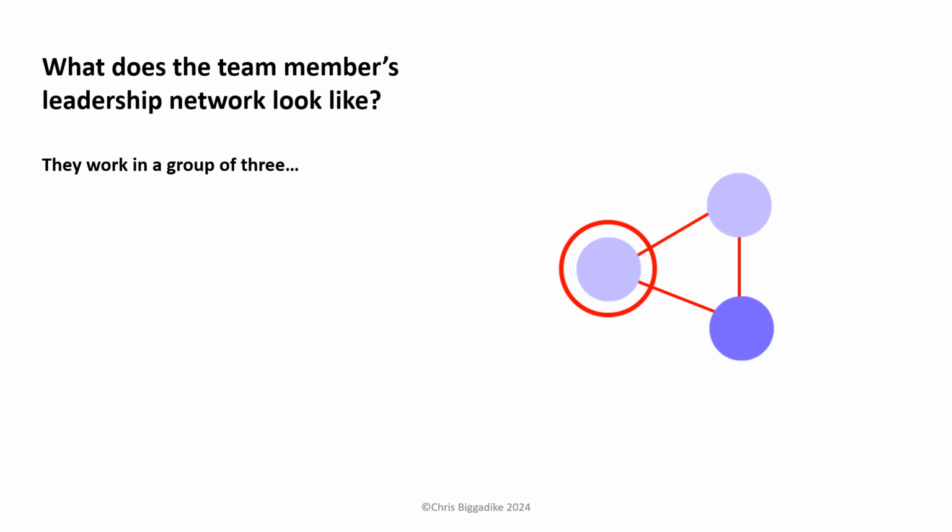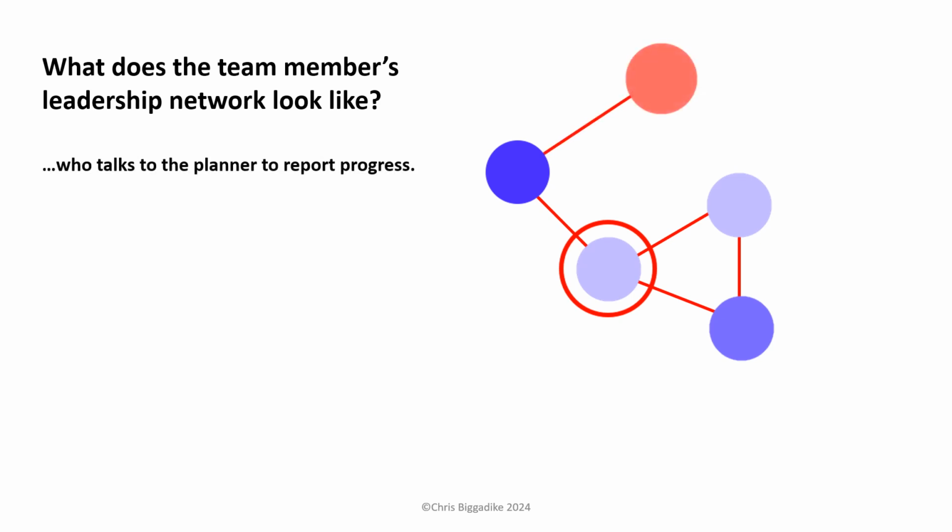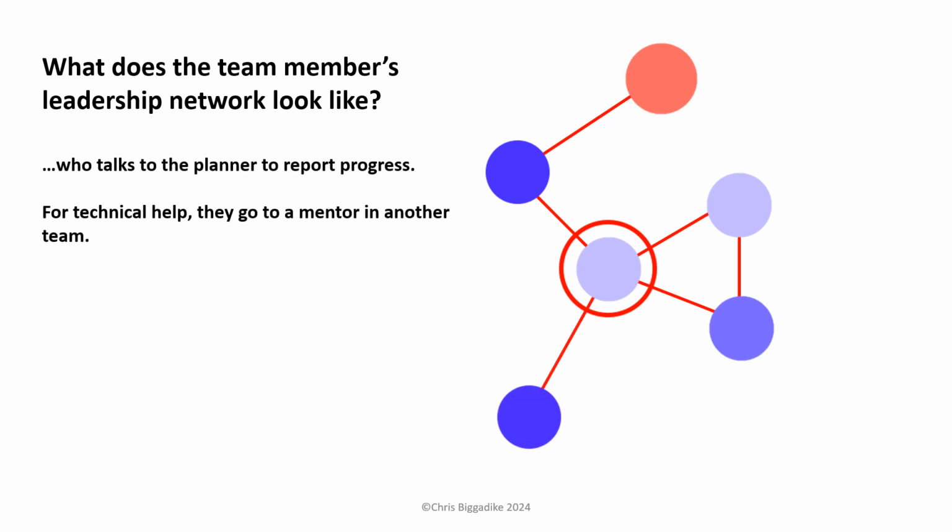There's a red circle around the person we're talking about here. They're overseen by a senior team member, who talks to the planner to report progress. And for technical help, they go to a mentor in another team.